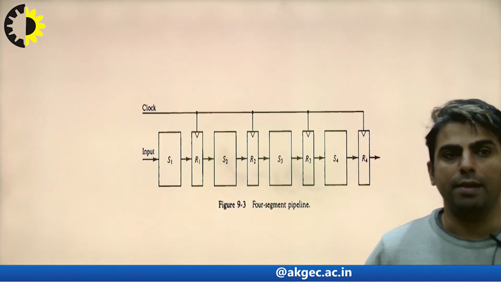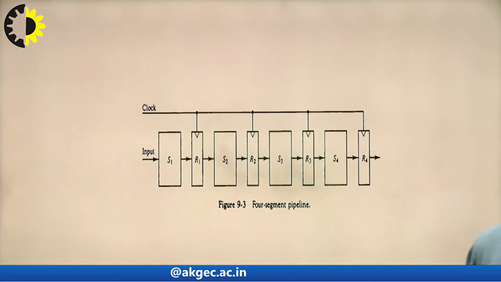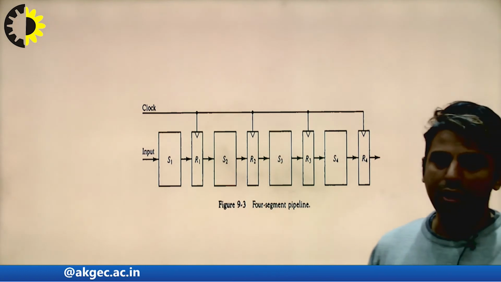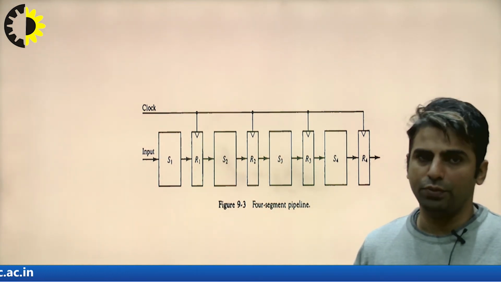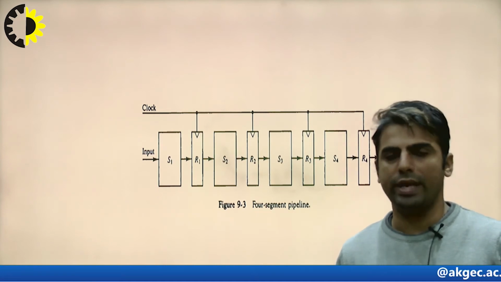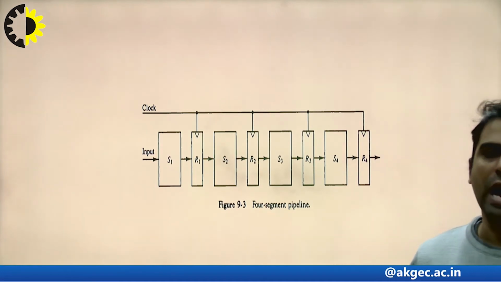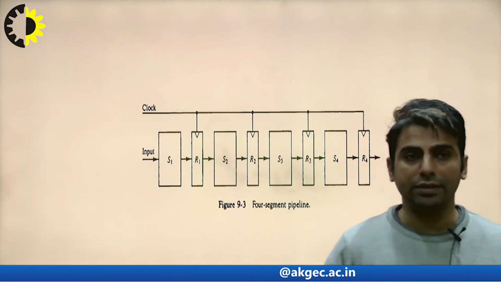Let's see this example. Here we have a 4 segment pipeline, right? S1 is representing segment 1, S2 is representing segment 2, S3 and S4, and so on. These are all 4 segments, S1, S2, S3 and S4. Then we have R1, R2, R3 and R4. These are representing the registers.